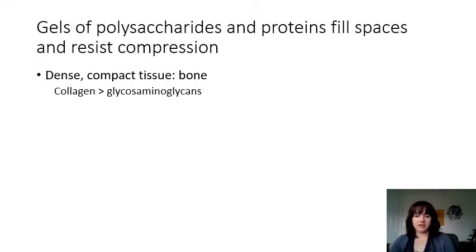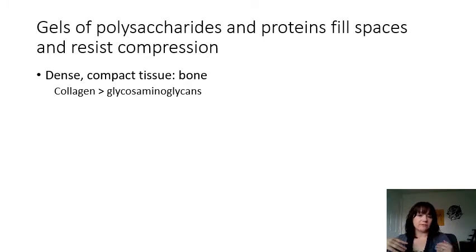So, the presence of a lot of proteoglycans is usually going to be associated with a more gelatinous or compressive tissue, right? Tissue that's more squishy. So you should be able to think about different tissue types and say, all right, based on the tissue structure, do I think these tissues are going to have a lot of collagen or a lot of proteoglycans or glycosaminoglycans?